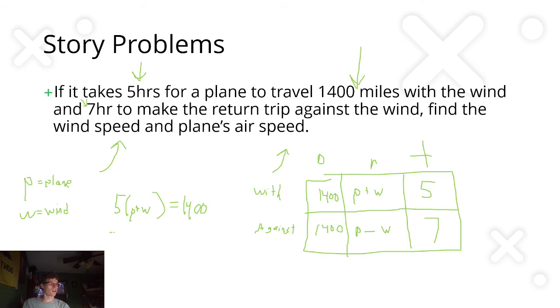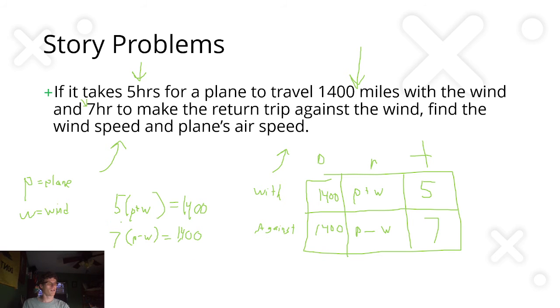Second one, going against the wind, it takes 7 hours. Distance equals rate times time: 7 times the quantity P minus W equals 1,400 again. Oops, made a little error there. So it's 1,400 against the wind. All right?